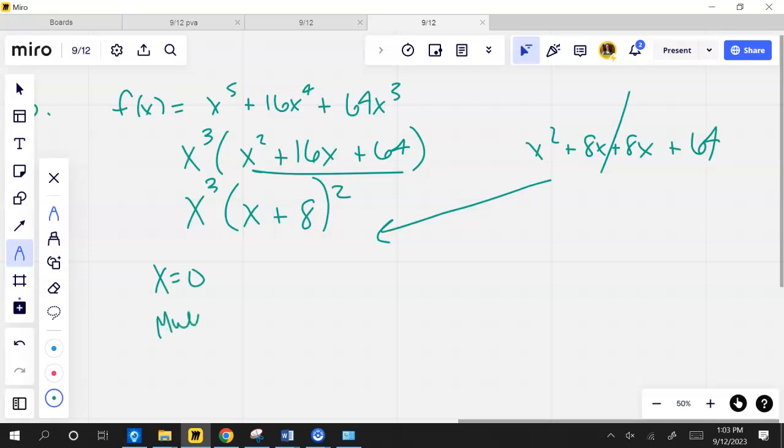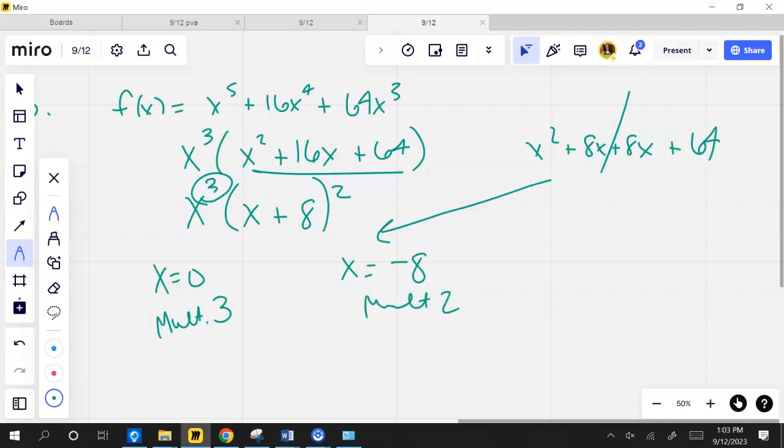What's the multiplicity here? Y'all can do this. 3. That's okay. So what does it do? Through. What's the other solution? Multiplicity, it bounces.